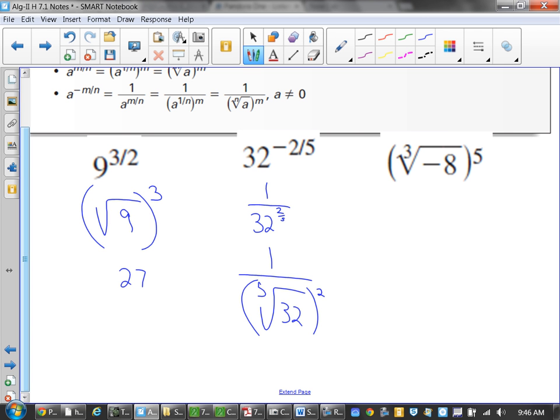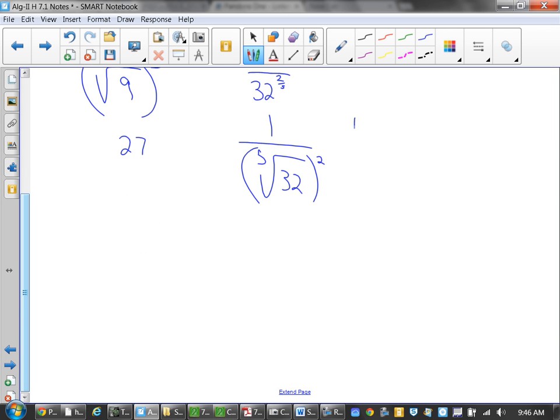It looks really weird because of that 5th root of 32. What five numbers that are the same multiply together to get 32? It's going to wind up being 2. 2 squared is 4, so this simplifies to 1/4.